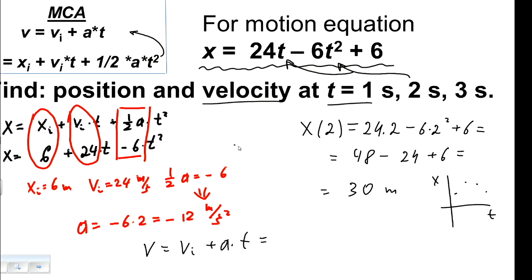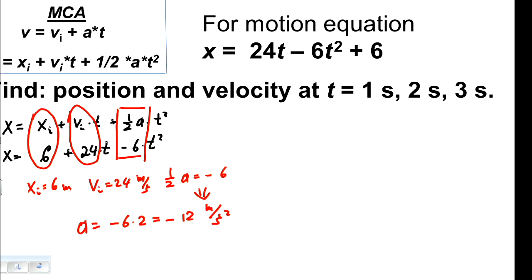And the numbers now are known: 24 plus, well, this is plus, but the acceleration is actually negative, times time. Time is an independent variable in this equation. V is the dependent variable.